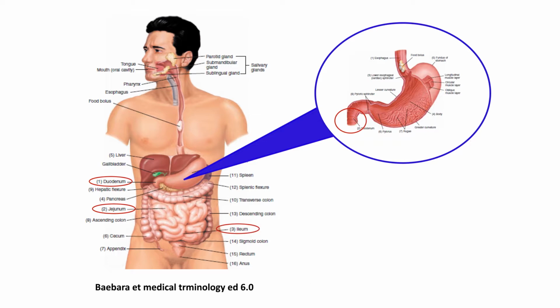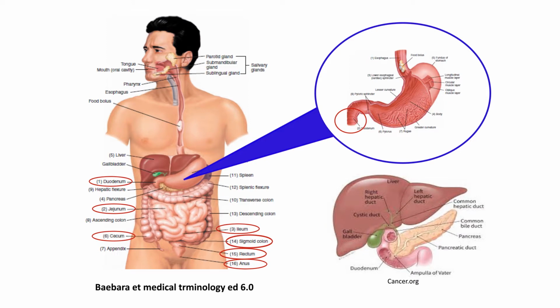For the large intestine, you have to know the names cecum, colon, rectum, and anus. You should be able to identify the appendix in this photo too. The accessory organs like the liver, gallbladder, the bile duct, and pancreas are also important for you to remember.